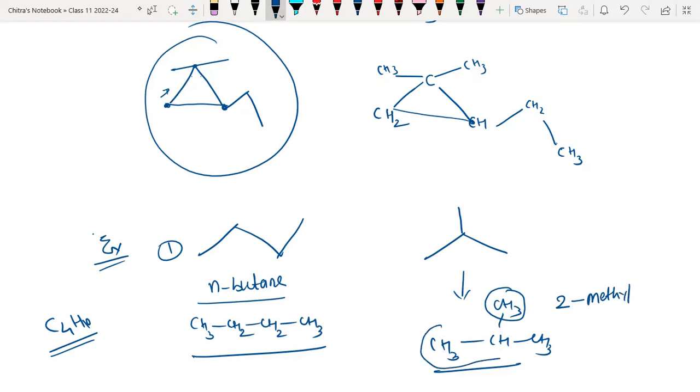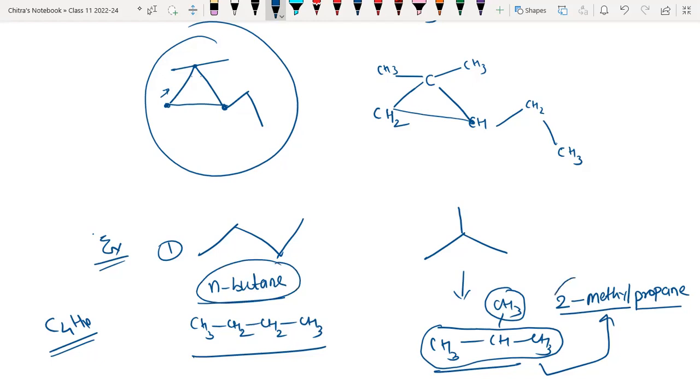This is the main chain, and in the main chain we have 3 carbon atoms. For 3 carbon atoms we write prop, P-R-O-P, and since all the carbons have single bonds, we write ane. So 2-methylpropane is the IUPAC name for the second compound. So here we have normal n-butane and here we have 2-methylpropane.